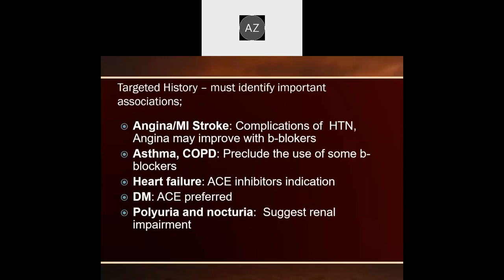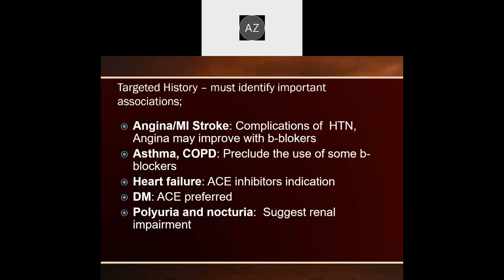Check whether the patient has diabetes mellitus, and then check if the patient has polyuria or nocturia. This night-time increased frequency might be important. And then for heart failure, we indicate the angiotensin converting enzyme inhibitors.